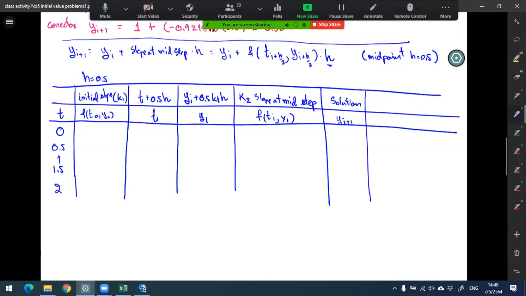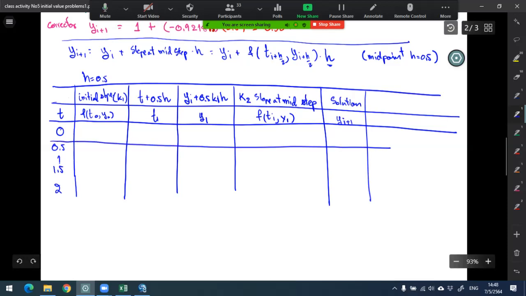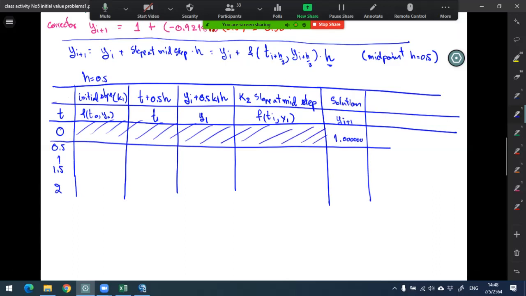So for our problem, when time equals 0, y equals 1. This is the initial value. This row is not necessary to solve first. It's called the initial value.